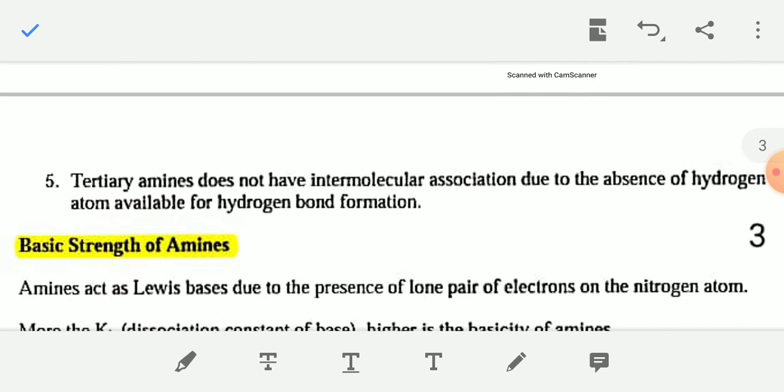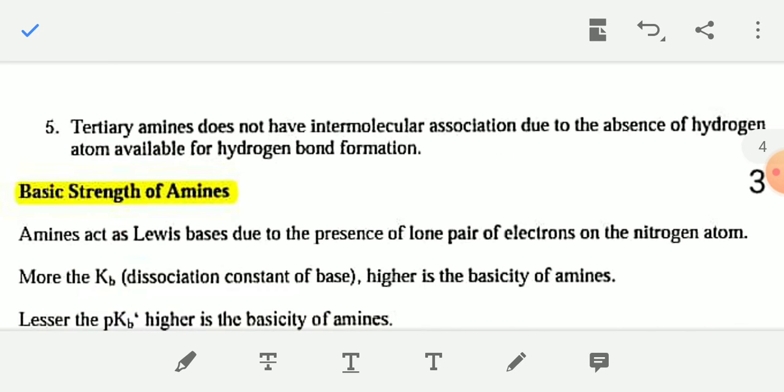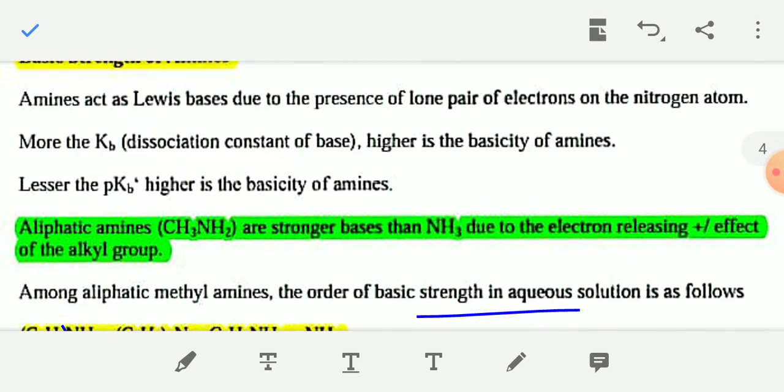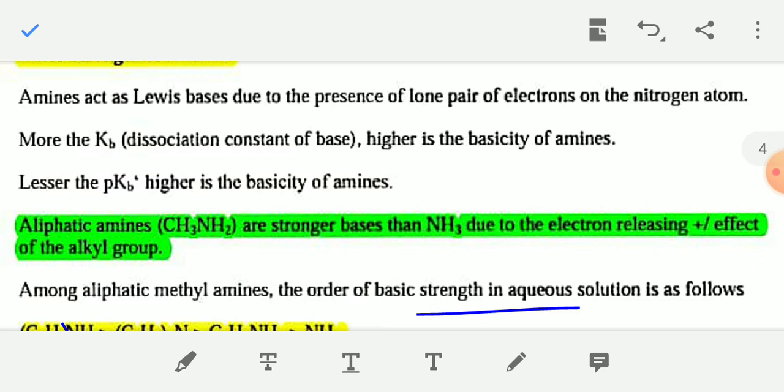And basic strength, the main physical property of amines, is the basic strength of amine. Amines are basic in nature due to the presence of a lone pair on nitrogen. Aliphatic amines, that is RNH2, CH3NH2, methylamine, ethylamine, are stronger bases than ammonia.